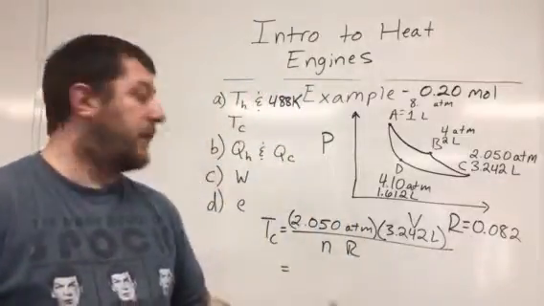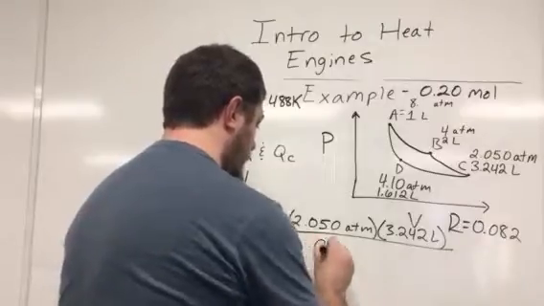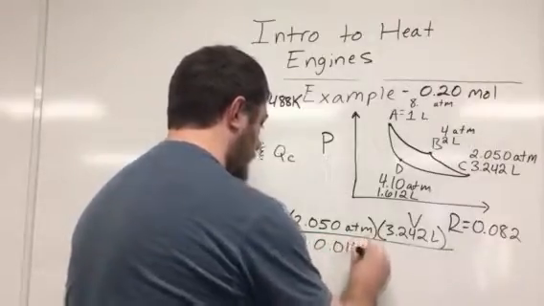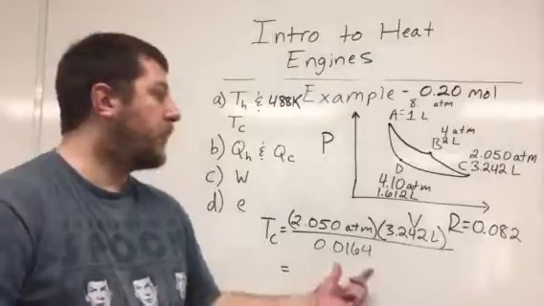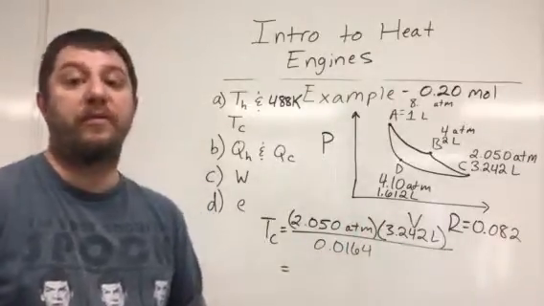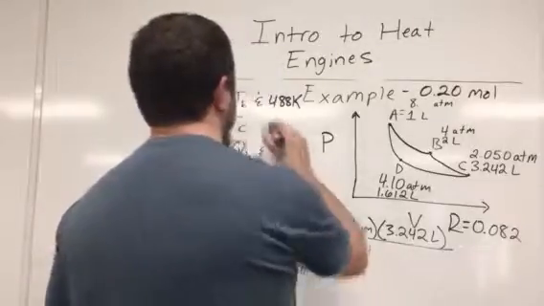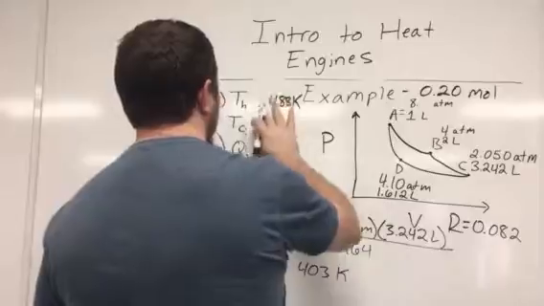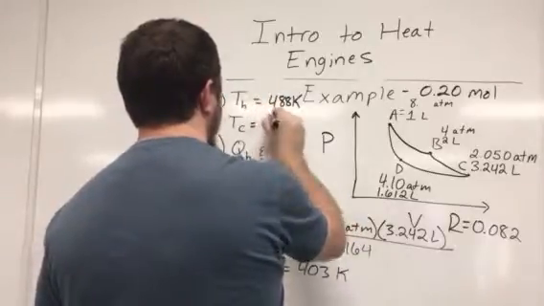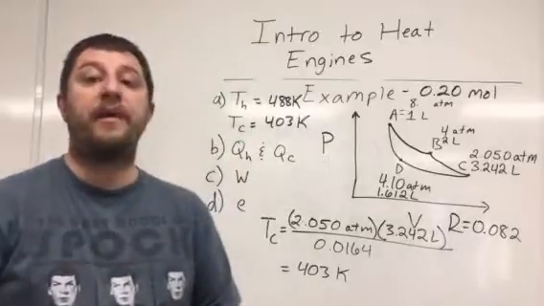And if I run the math here, again, this is going to be 0.0164, and if I do my math here, I'm going to get about 403 Kelvin. So now I have my temperatures.